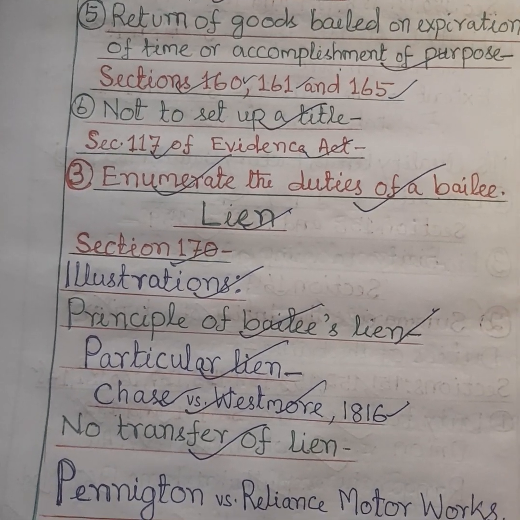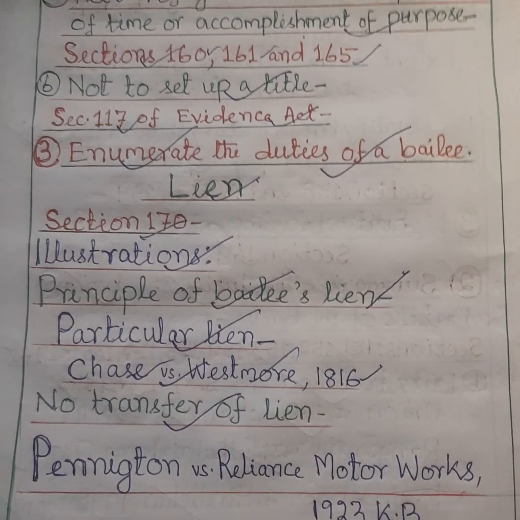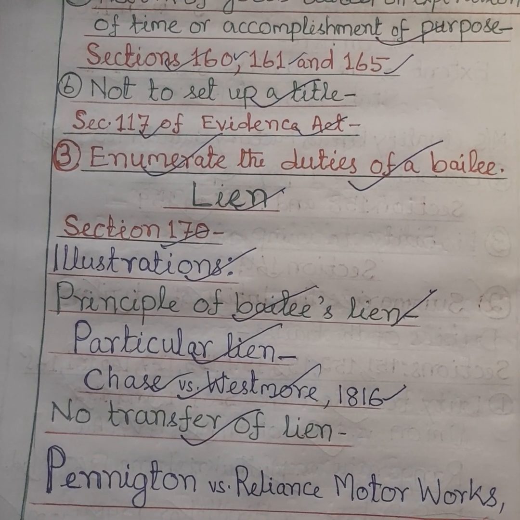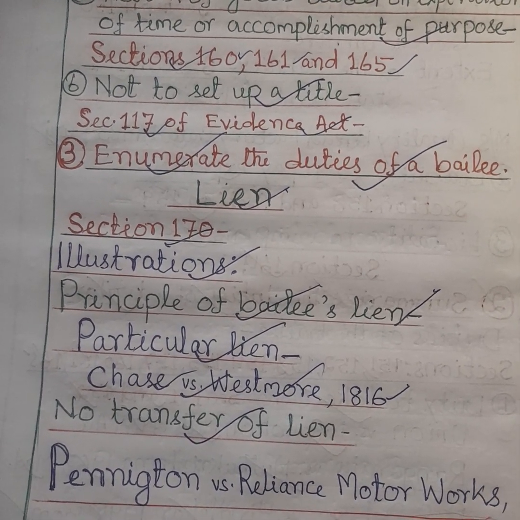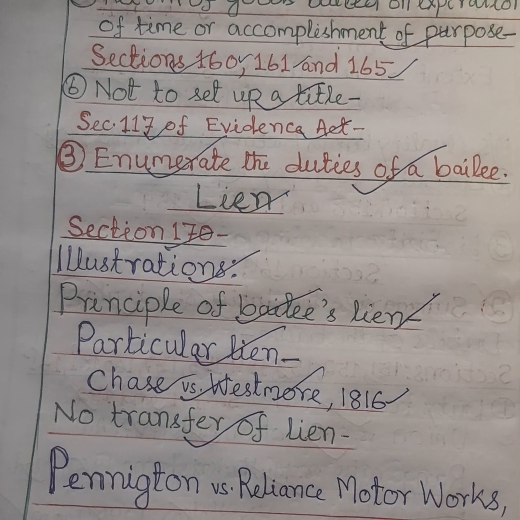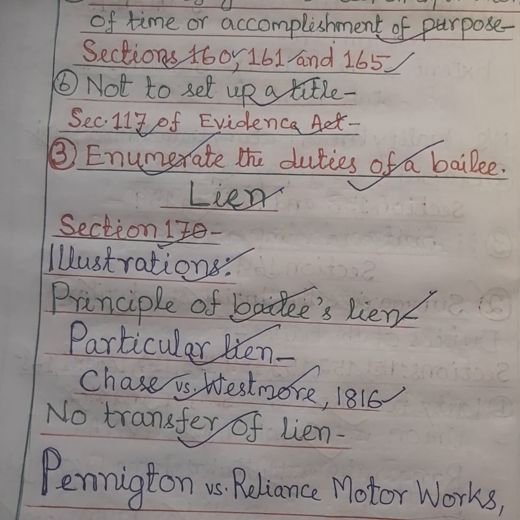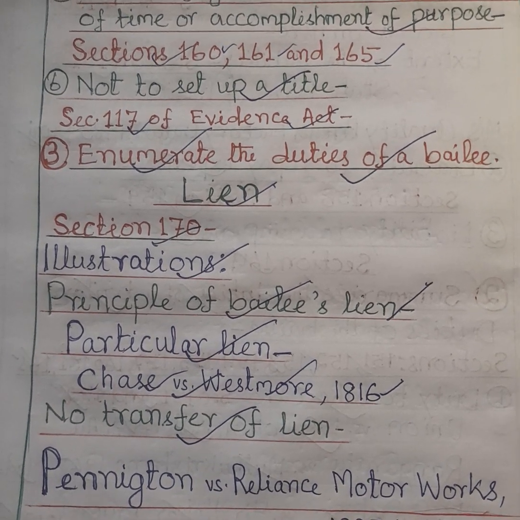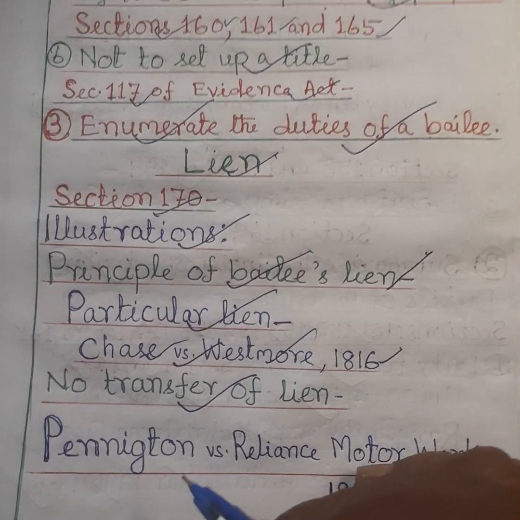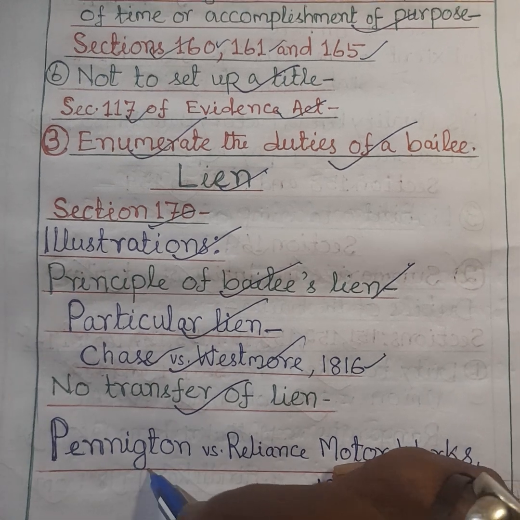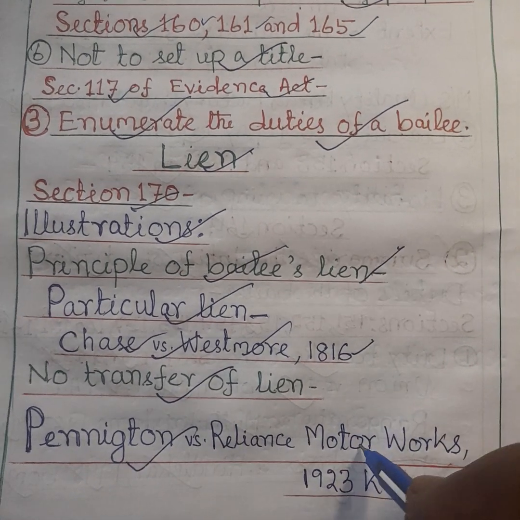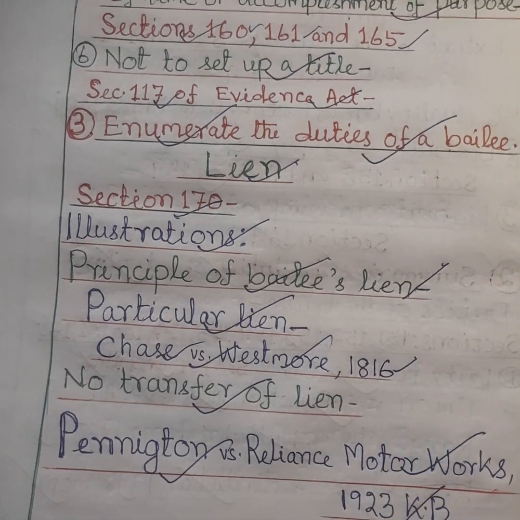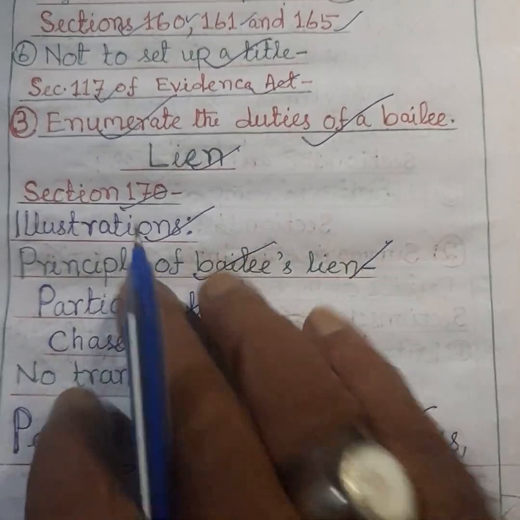As it is provided, a bailee for reward cannot transfer his lien to a subcontractor without the bailor's authority, as it was decided in the leading case Pennington versus Reliance Motor Works in 1923 by the King's Bench.